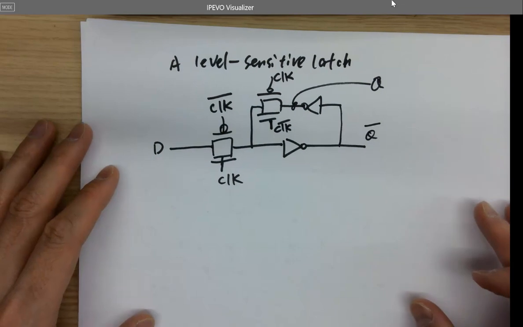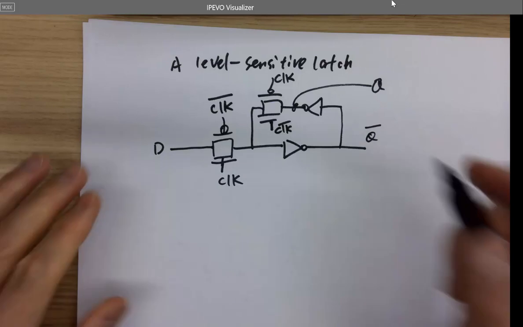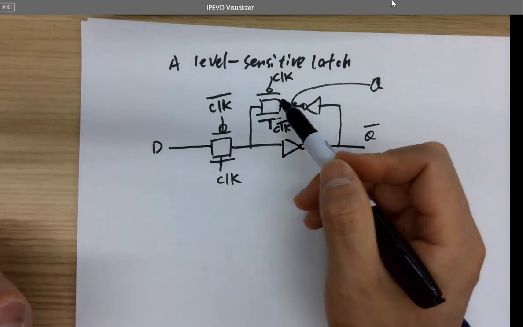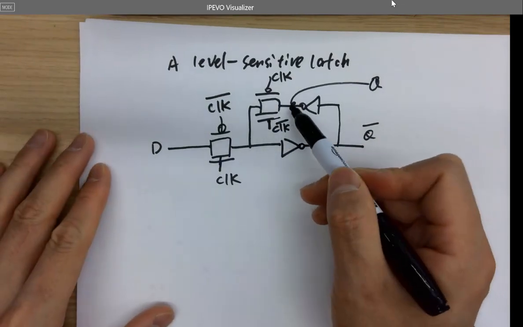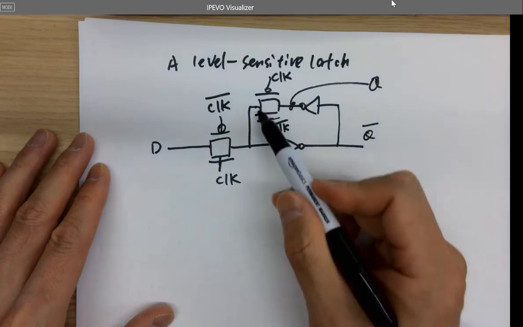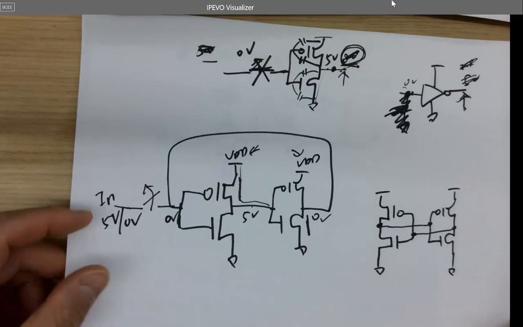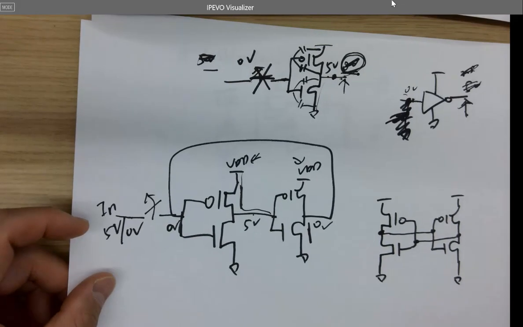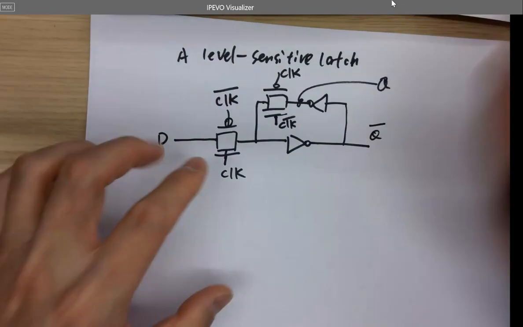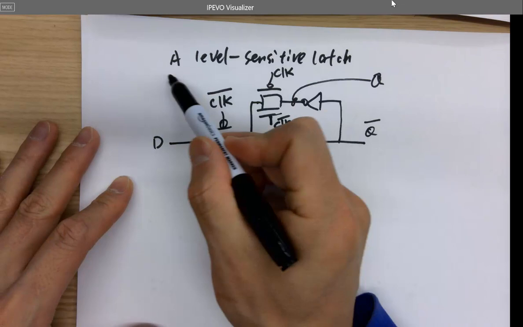So why is this the latch? The transmission gate is just a switch. If you turn this on, you're actually making a connection from here to here, and it forms a latch, as the latch we just introduced over here. It's just two inverters in a ring. It's like a register.